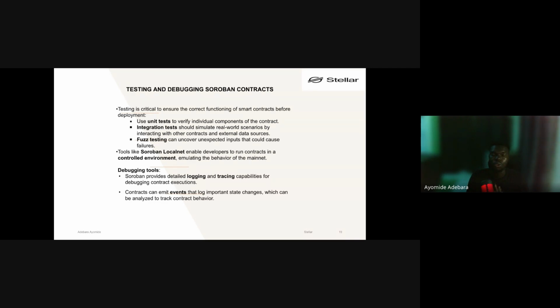Doing this allows you to ensure that you don't deploy buggy code to the Stellar core, or to the Stellar ledger, I meant.